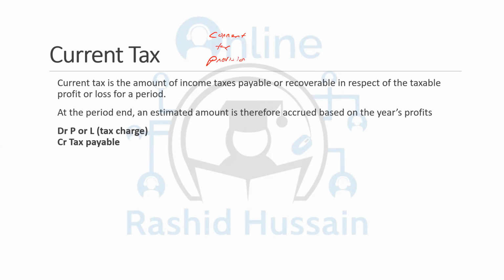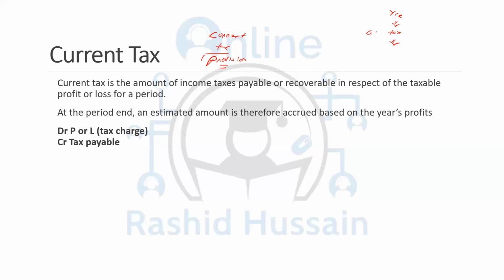Now, why do we call it the current tax provision? The answer to this question is simply that the companies are required to pay the tax in advance. Ideally, there is the year end, and after the year end, they should calculate their tax, and then they should pay the tax.